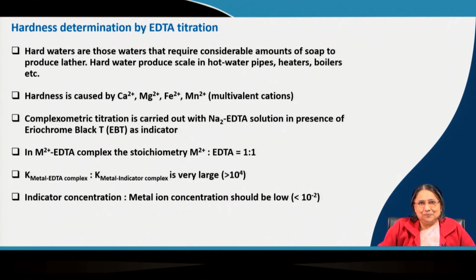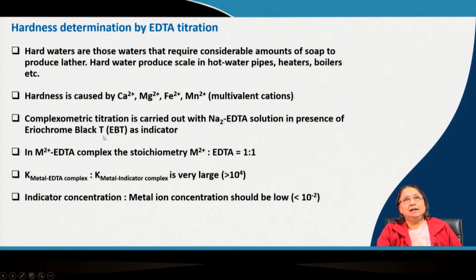Now, the 2-3 drops of extra EDTA will attack the complex formed between Eriochrome Black T and the calcium magnesium ions, that is the rose red color I told you. The EDTA will attack that complex also, and then that calcium magnesium will be captured by the EDTA, and the Eriochrome Black T will remain free, and then you will get back the dye color, that is the blue color at the end point.